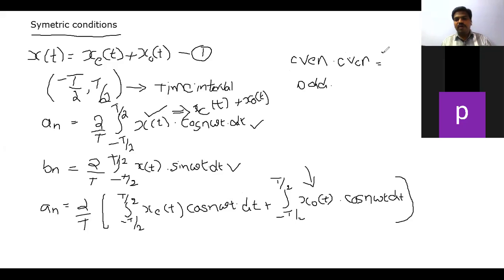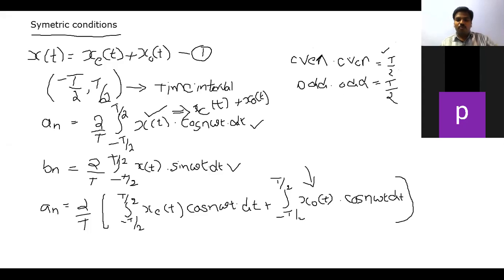This is when n is equal to m, cos n omega t into cos m omega t. Here, the product of two odd functions is again equal to t by 2. Already we have discussed this point in the earlier case. So this is also t by 2. So for example, for even function, we have considered cos n omega t. And one more even function you need to consider, so I need to replace the n by m.